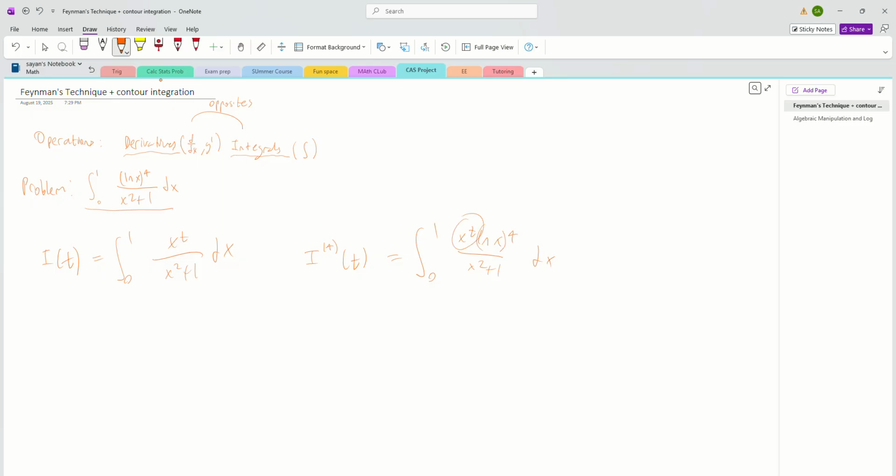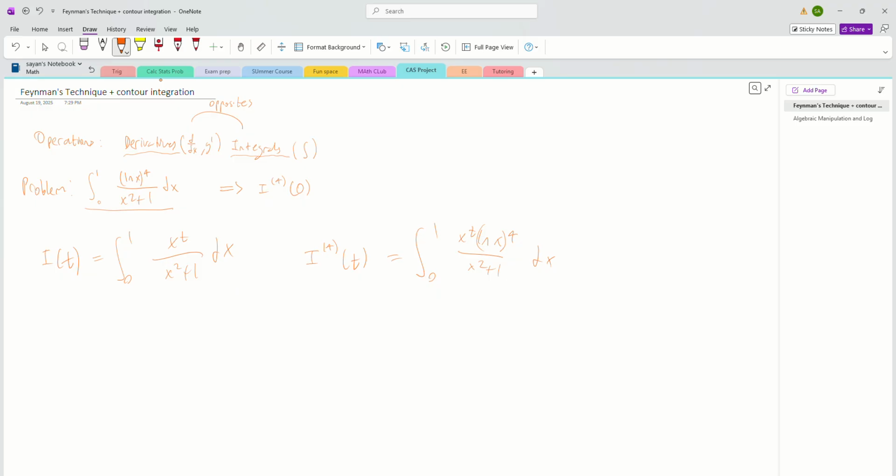Now we still have this, which I don't like, so what we're going to do is evaluate this at t equals 0. And if we do that, x to the power of 0 is 1, and we just get our original. So we're going to say that this is really the fourth derivative of I at 0, I(4)(0).